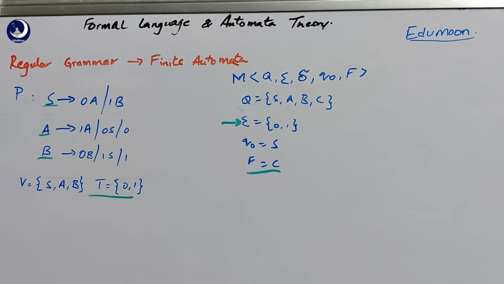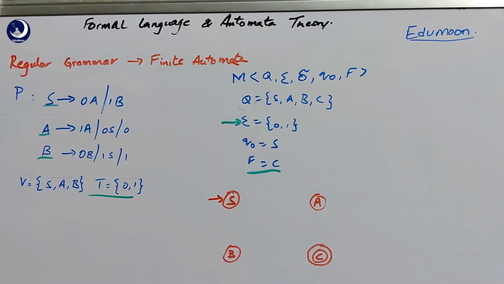Q naught is the starting symbol, so we have taken S as the starting state. So the machine has four states: starting state S, A, B and the final state C. You can name them anything; just for simplicity we have taken S, A, B and C.